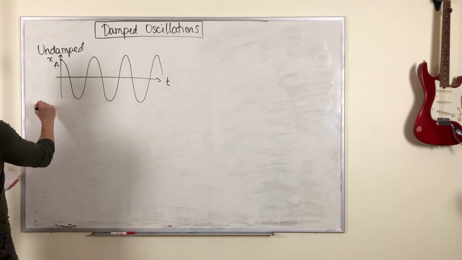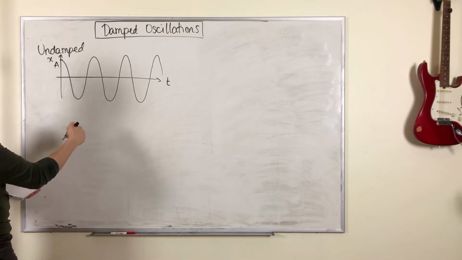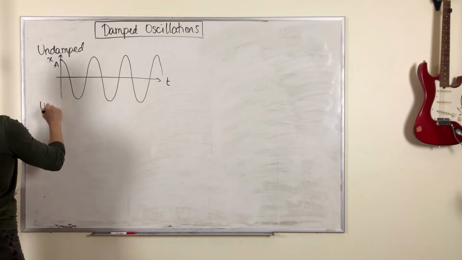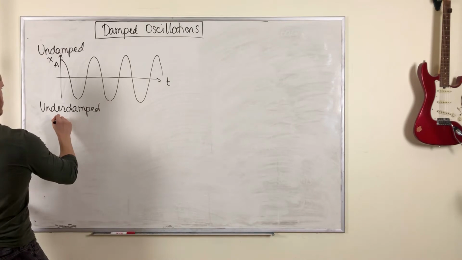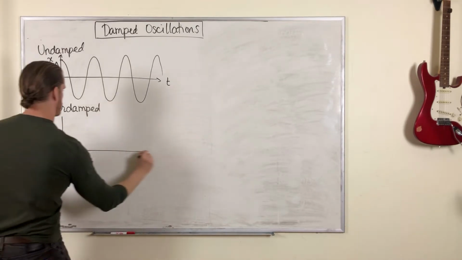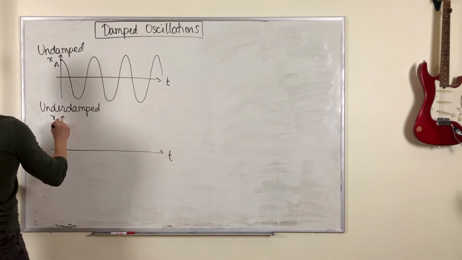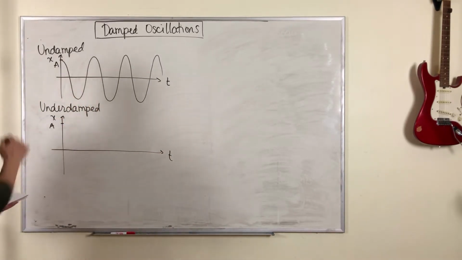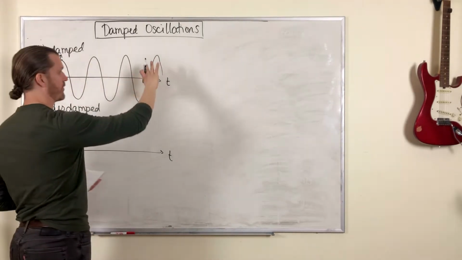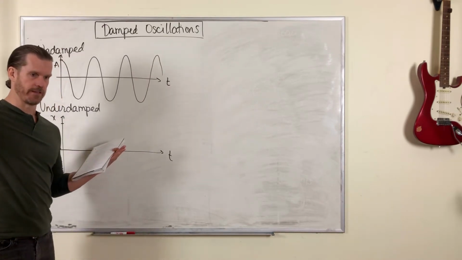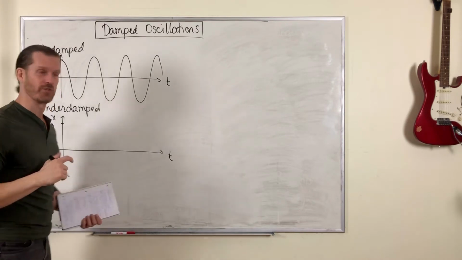First case is called underdamped. So this is undamped, and this next one is underdamped. And the way to picture this is to imagine you have the same oscillation, but it's shrinking in amplitude in an exponential way.